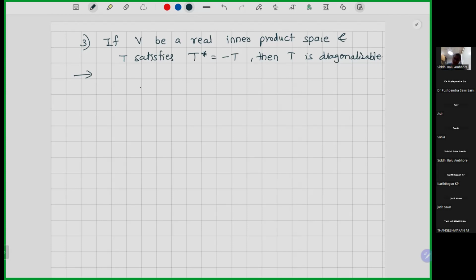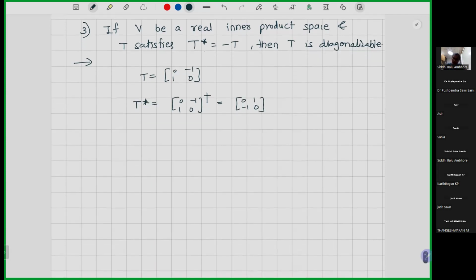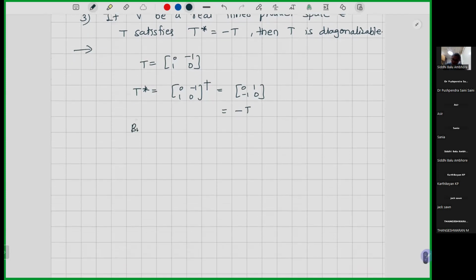Again we will be working with this same example, I think. And here T star is again this matrix, which is 0, 1, minus 1, 0. So T star is equal to minus of T, right? But T is not diagonalizable.